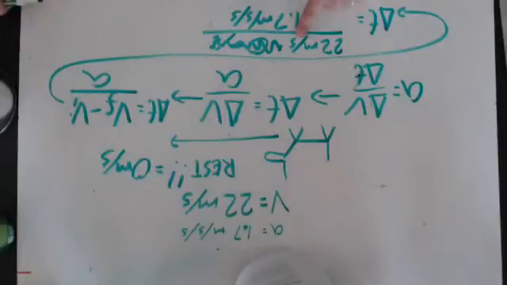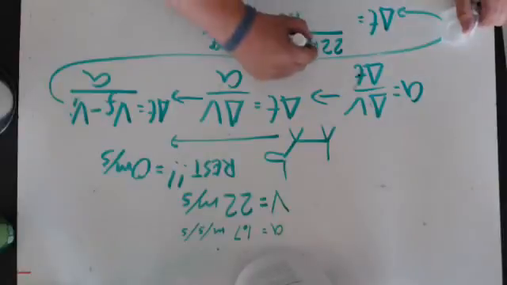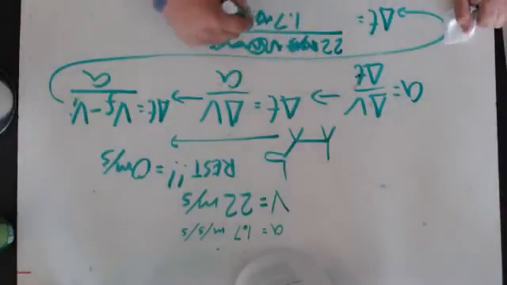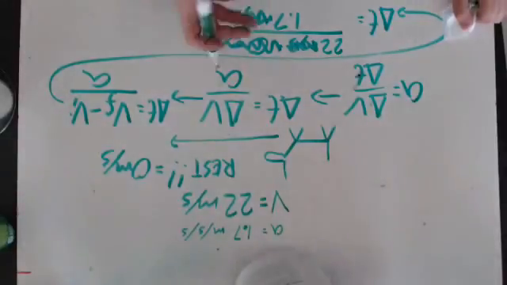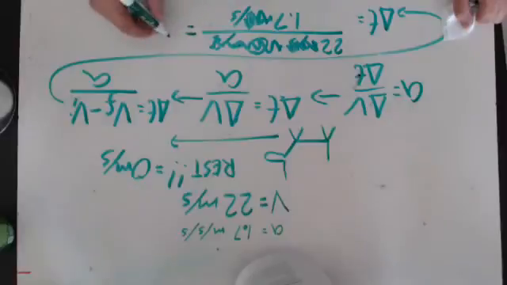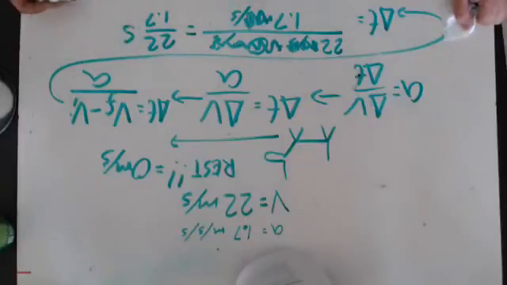If I have a meters per second over a meters per second squared, hopefully you can see that these cancel off, and I'm left with a per second in the denominator. It just means it flips. So my t is going to be 22 over 1.7 seconds. That per second dividing by a per second just flips that term. Okay, so that is my answer.